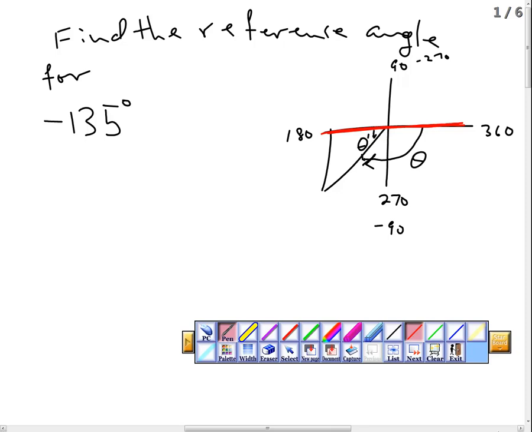So that means we have to subtract 135 from what? Well, which one's closer? 180. 180 is closer, right? So we subtracted from 180. So it's 180, right, minus 135, right? And so that would be 45 degrees. Okay? So we have here 45.